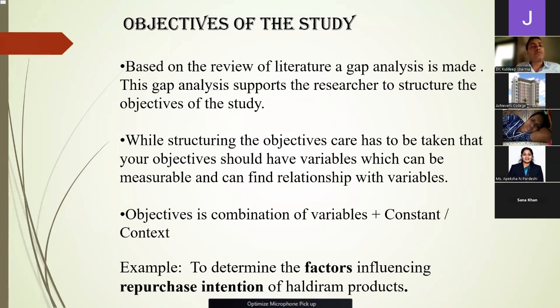The second thing which we have to focus on while structuring the objective is that we have to take utmost care that our objective should have a variable which can be measured and from which a relationship can be found out. Remember one thing, whenever we set or finalize our objective, it should have a variable.